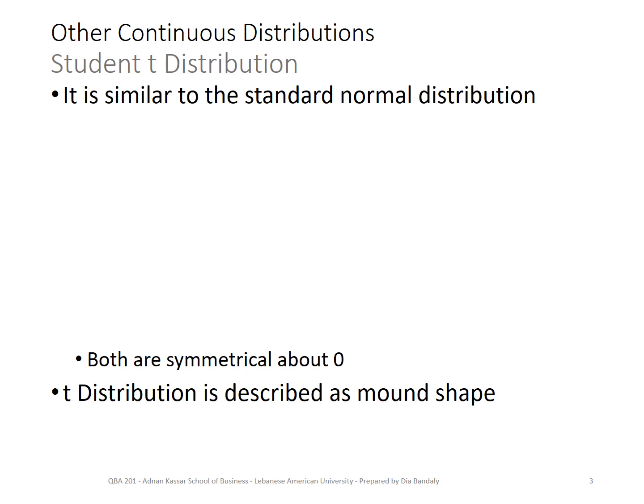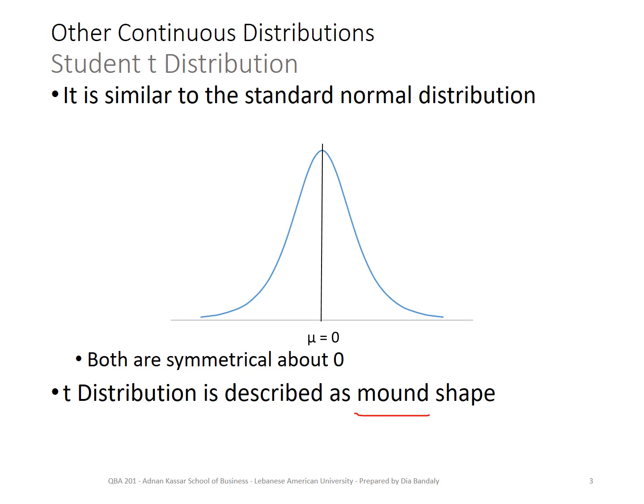Now, what does the PDF of the t distribution look like? It's very similar to the normal distribution. Both are symmetrical with respect to the mean, which is 0. However, the difference between the PDF of z and the PDF of t is that the curve for t is what we call mound shaped. It's not bell shaped.